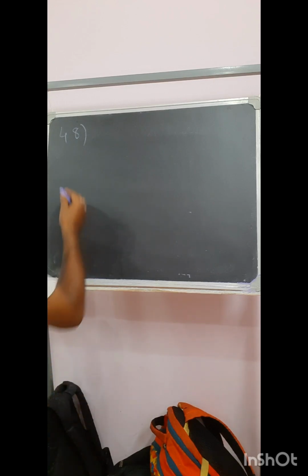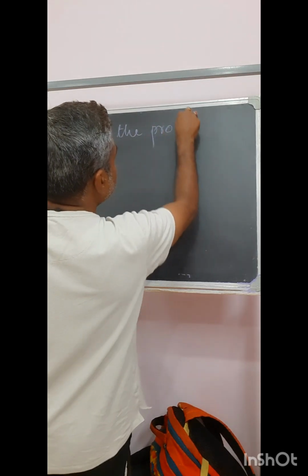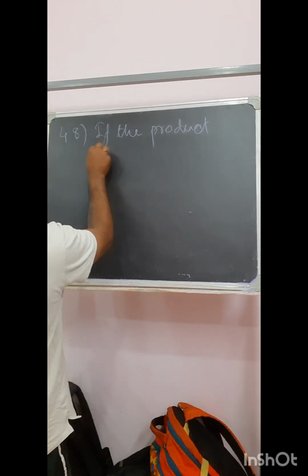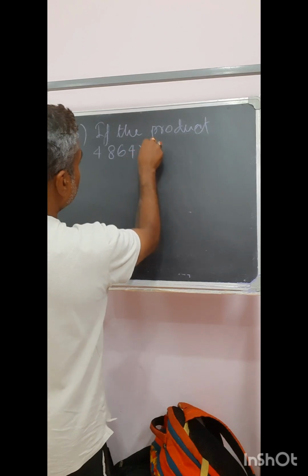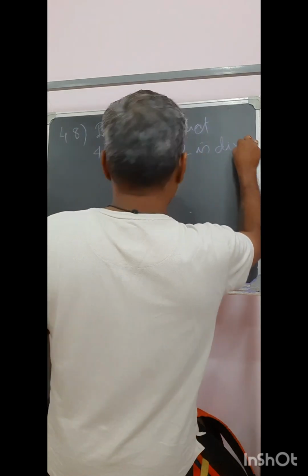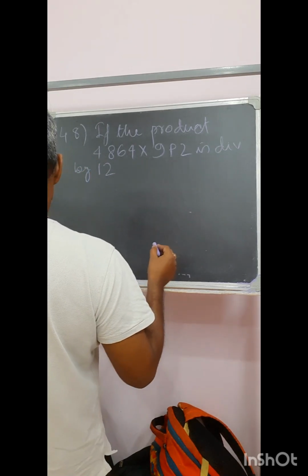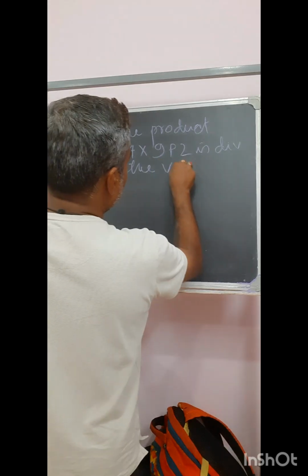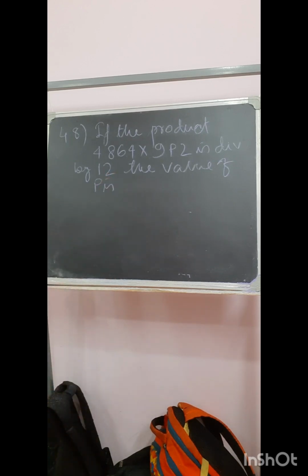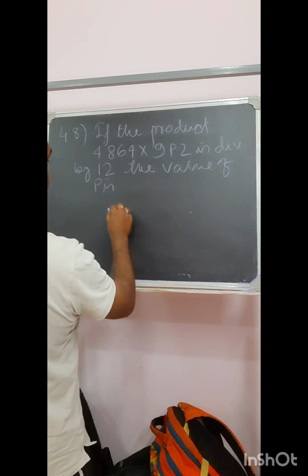It says if the product 4864 multiplied by 9p2 is divisible by 12, the value of p is how much?